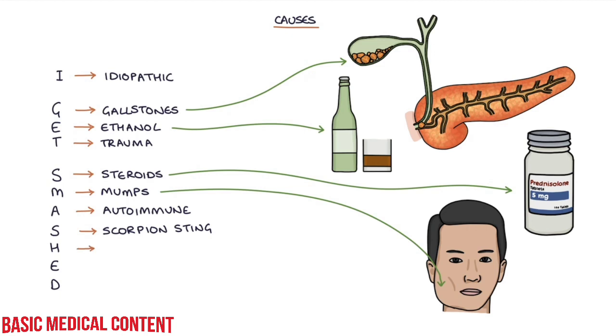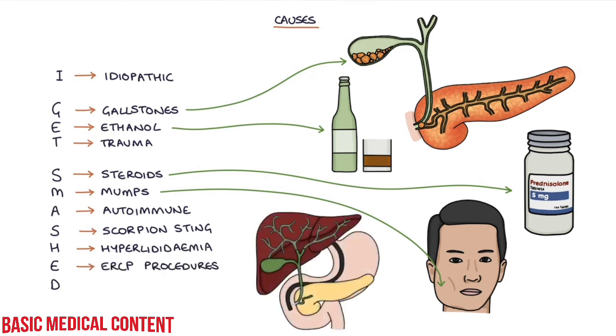H refers to hyperlipidemia, E refers to ERCP procedures, and D refers to drugs, particularly furosemide, thiazide diuretics, and azathioprine.